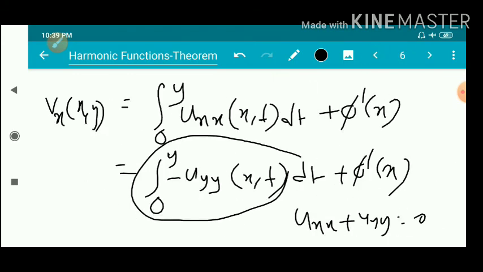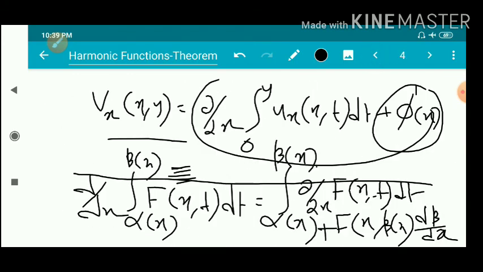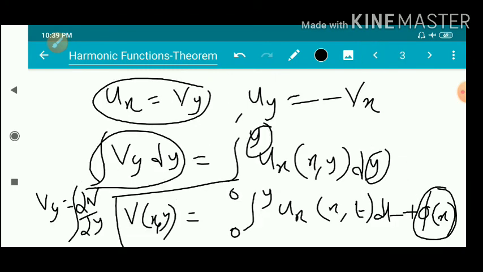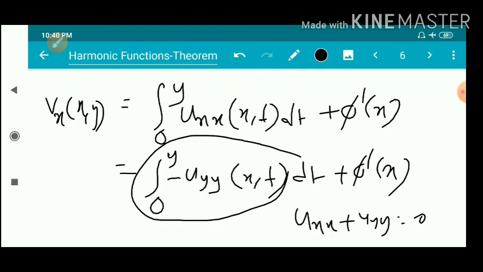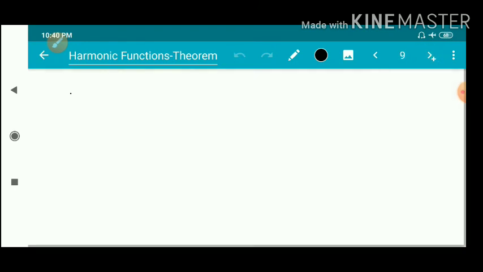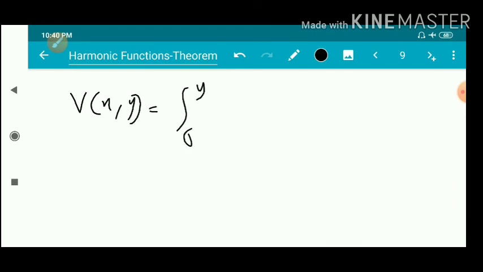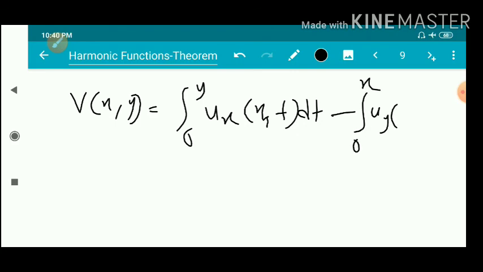In the beginning we wrote v of xy as integral 0 to y ux of xt plus phi of x. So now we have the value of phi of x. By substituting this we get v of xy equal to integral 0 to y ux of xt dt minus integral 0 to x uy of s0 ds plus c.